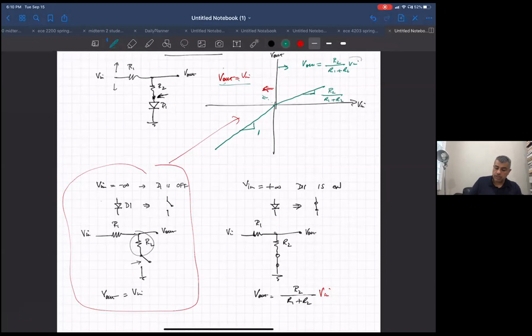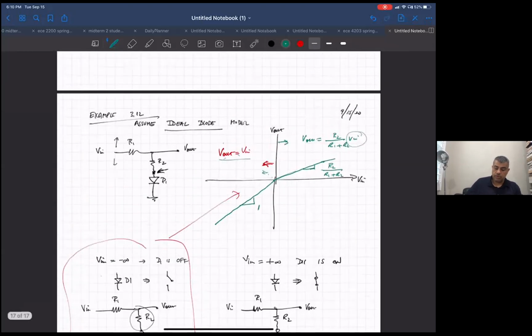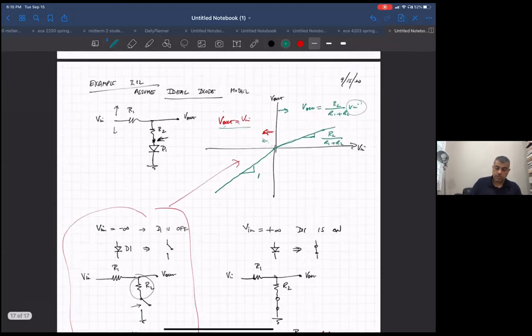Because Vn is positive here, V out is also going to be positive. So that's the solution. You're going to have two linear curves with two different slopes depending on whether Vn is negative or positive. Any question about that?